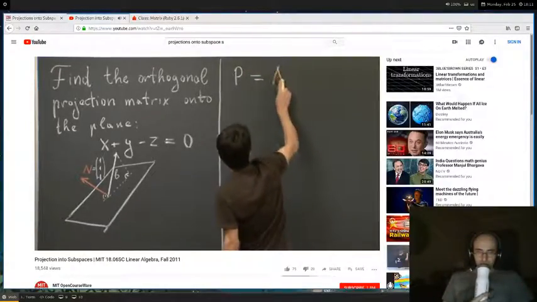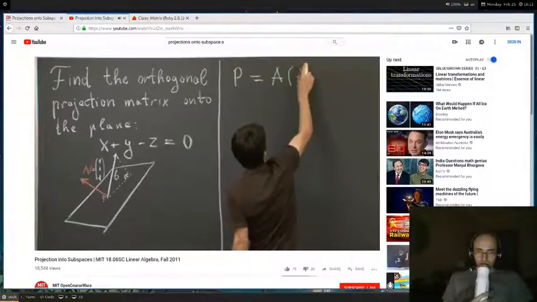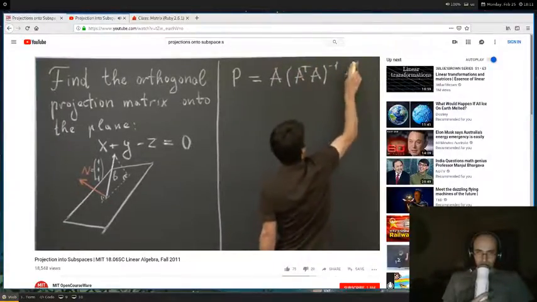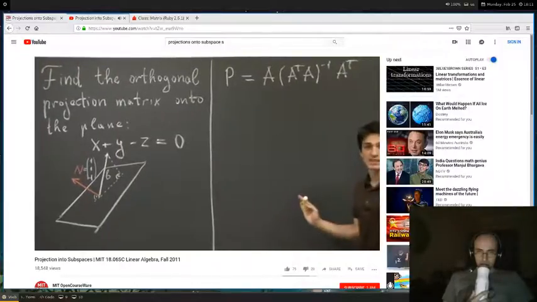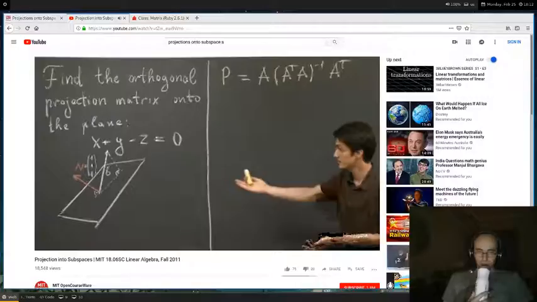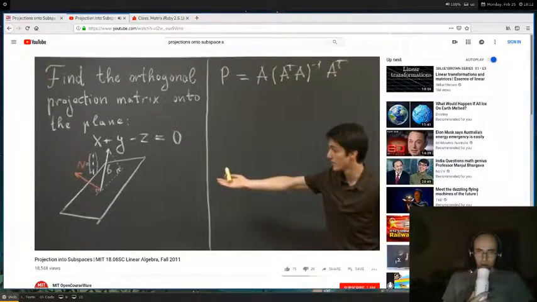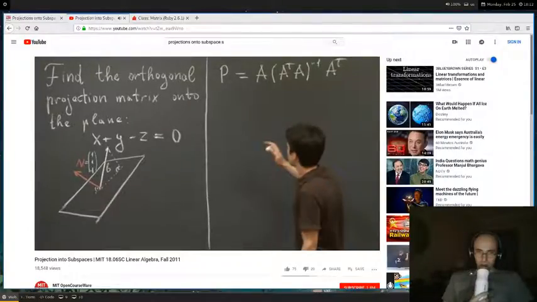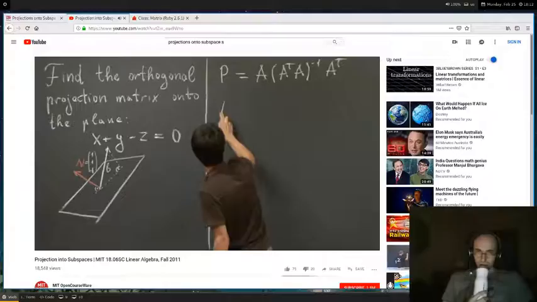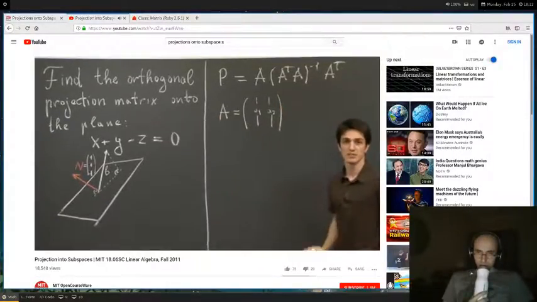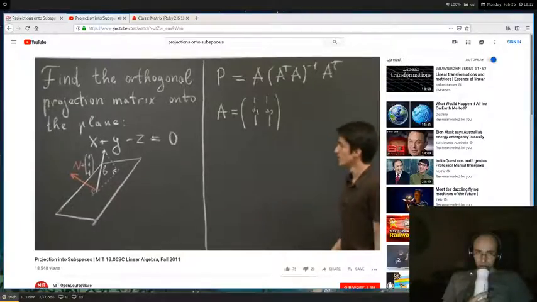It's A times (A transpose A) inverse times A transpose, where A is a matrix that somehow encodes the subspace we're projecting on. In particular, A has as columns a basis for the plane we're projecting on.